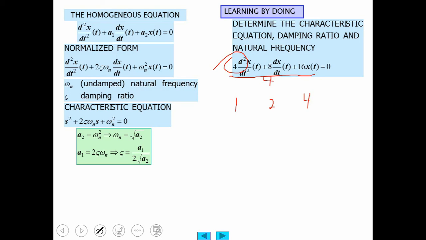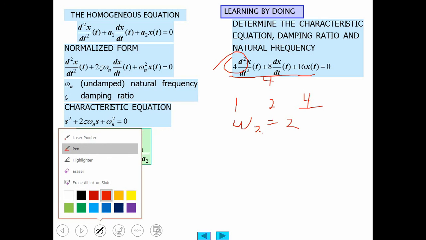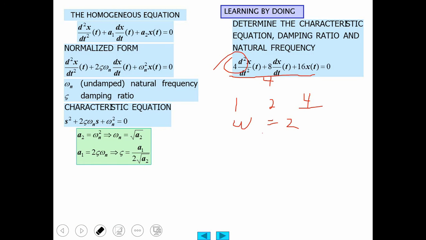That would make omega sub n equals 2, the square root of this. Omega sub n equals 2, not omega sub 2 equals 2. There we go.